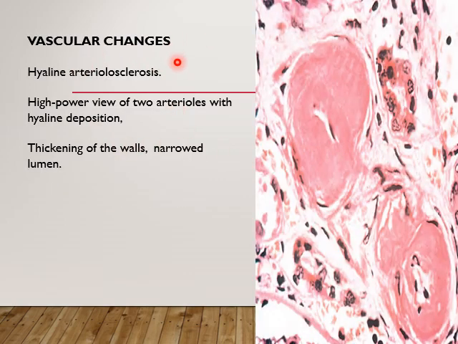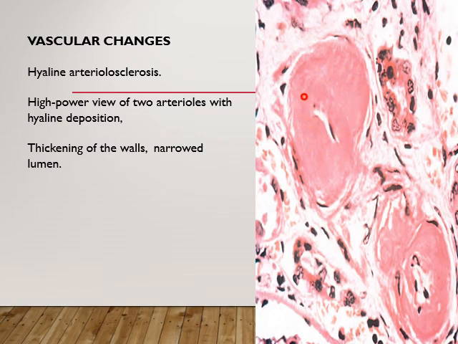And one more thing regarding the microscopy of benign nephrosclerosis: as already told, the vascular changes involve three stages. One is necrotizing arteriolitis, which is also called hyaline, a type of fibrinoid necrosis. Along with that, there is hyaline arteriosclerosis.